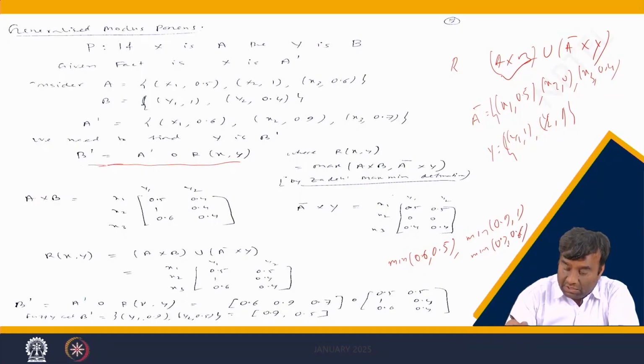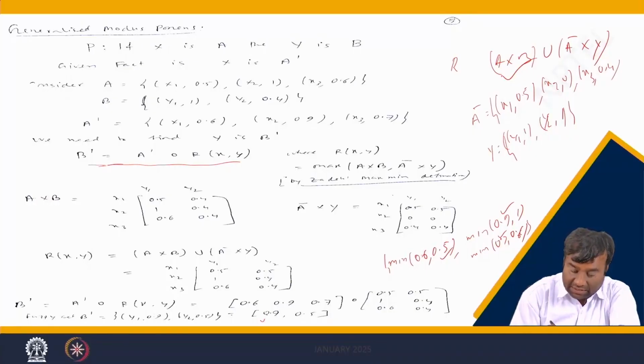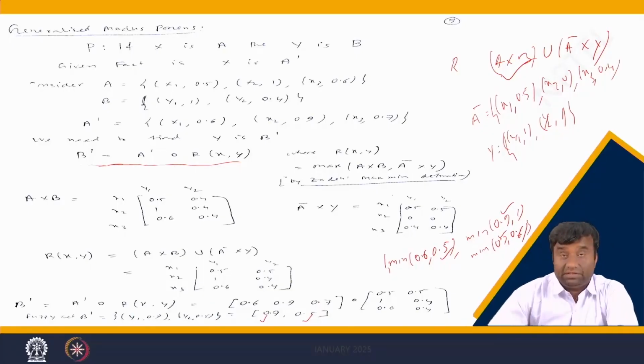So we get 0.5, 0.9, 0.6, and the maximum is 0.9. Similarly for the second column, the minimum values are 0.5, 0.4, 0.4, so the maximum is 0.5. That is the fuzzy output: y1 0.9 and y2 0.5. I hope you have understood generalized modus ponens with examples.